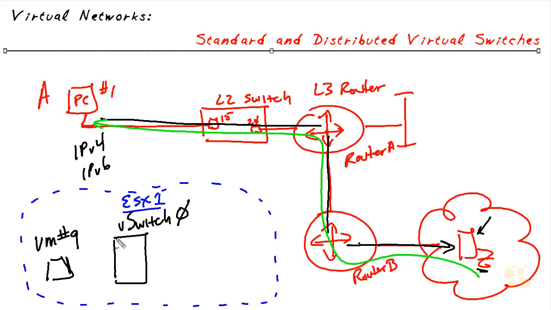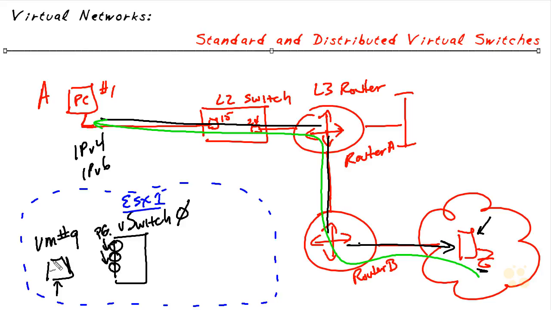And this virtual switch can have one or more virtual machine port groups. So we have some defaults in place, and we can create more if we want to. So I'm going to put PG right here to represent that these are port groups, just groups of ports. And then when we create this virtual machine, or if we go back to the settings of this virtual machine, we can tell it where its network adapter is connected.